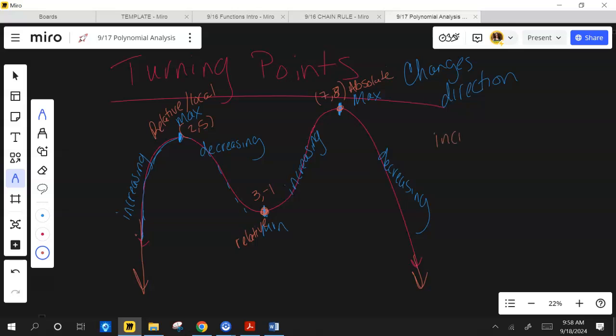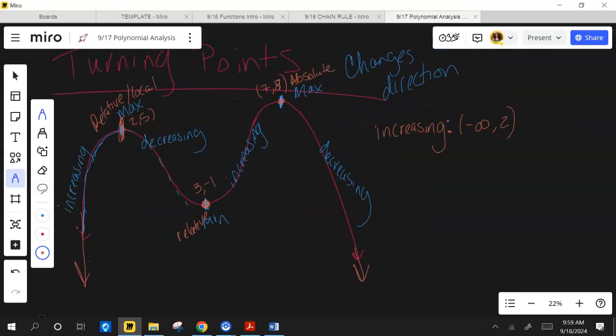So if I was asked for the increasing intervals, that means where all is my function increasing? And I've already got them labeled, so it'll be a little bit easier. Negative infinity, because it's forever to the left, until I hit this point. That's my increasing, right? What is that point? I'm using x's to describe. 2. I do a parenthesis, and then I go, but wait, that's not the only increasing interval, because it also increases from here to here, right?